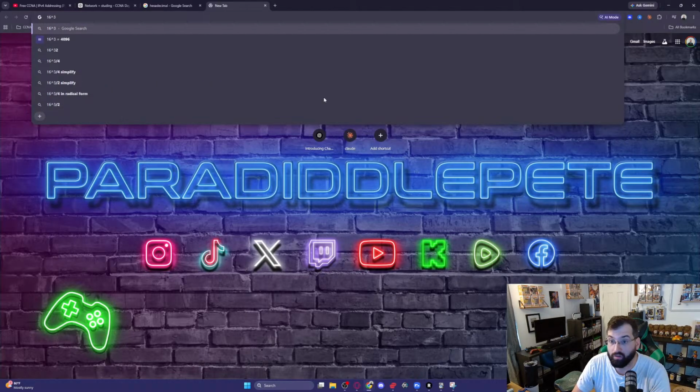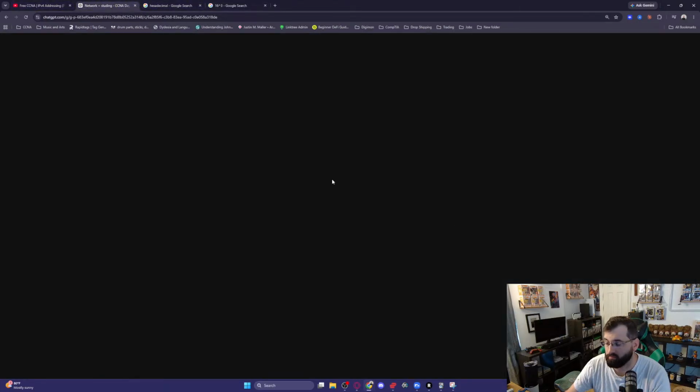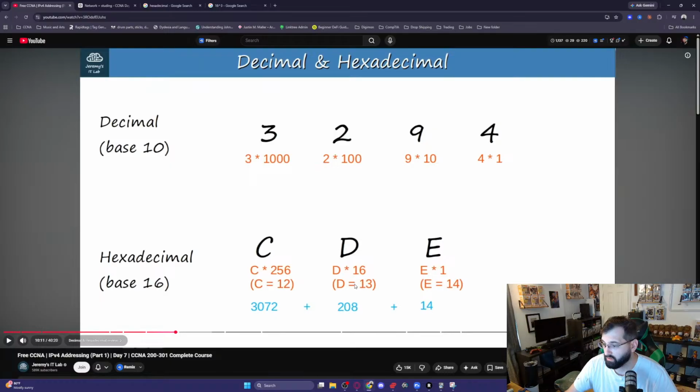To the power of 3. No, not even close. In the screenshot, D equals 13. Oh, maybe because I'm connecting it between these. You get 3,002. E equals 14, D equals 13, C equals 12. So then where did the 16 and 256 come from?